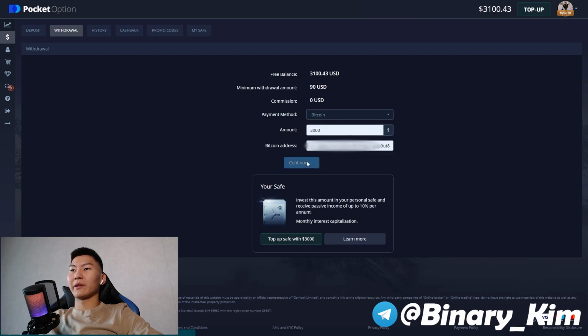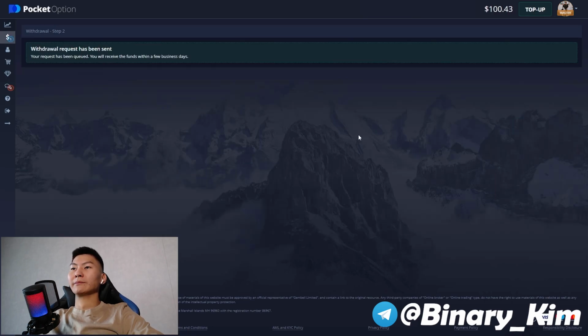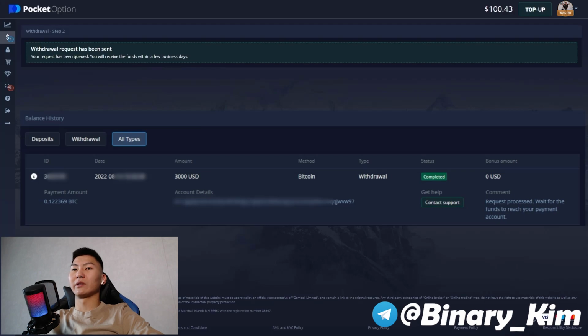Press continue button. Okay, our transaction has been processed. I will take the screenshot while it's done as usual. There is 100 bucks left on the balance. I think I can multiply this next time.